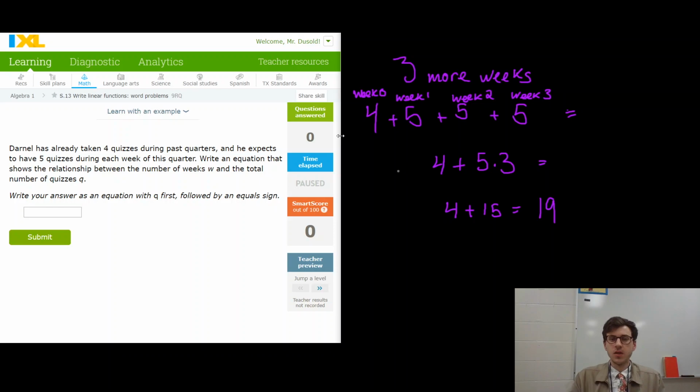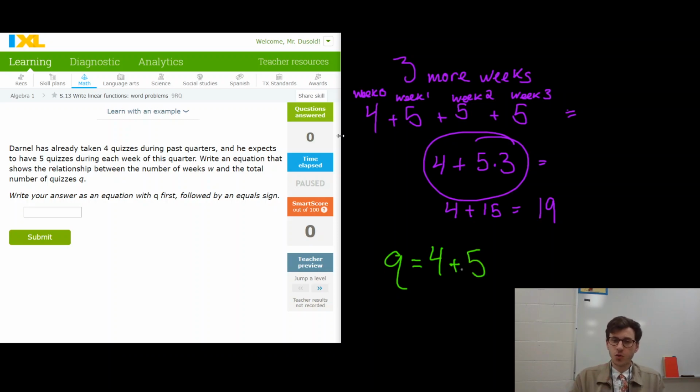Well, the number of quizzes that he takes is equal to 4, the number of quizzes he already took, plus 5, the number of quizzes he takes per week, times however many weeks. And here they're saying that weeks is W. So 4 that you started with plus 5 times the number of weeks that he spent taking quizzes.